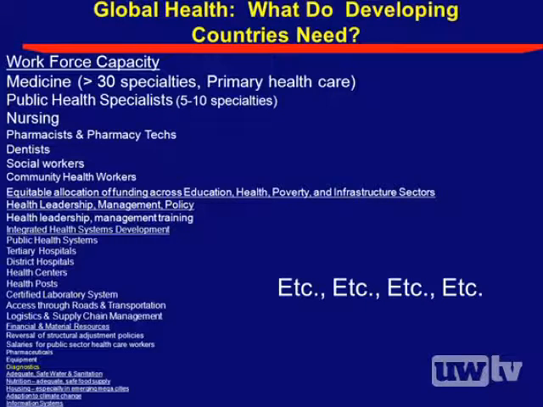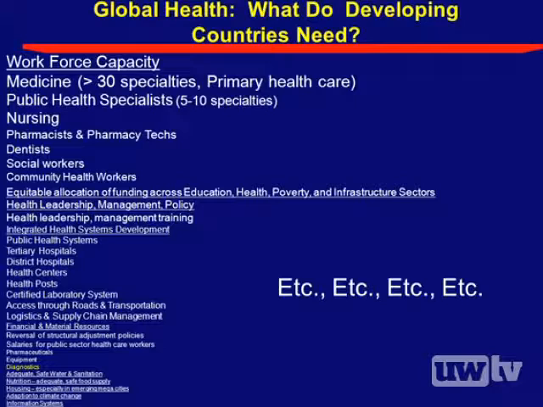So in terms of global health and in view of this agenda, what are the priorities now? What do developing countries actually need? Well, I've begun making a list. In terms of workforce capacity, we can note that medicine is one. Our Department of Medicine has over 30 specialties.